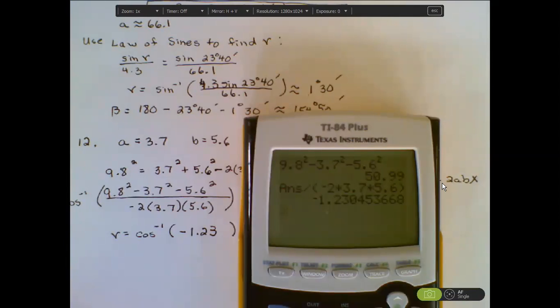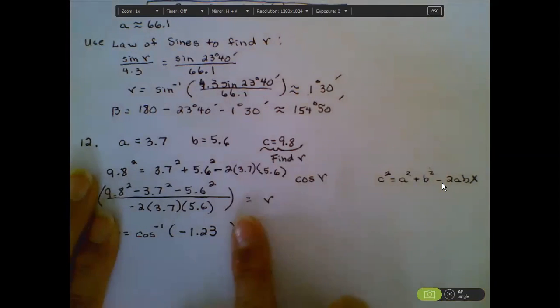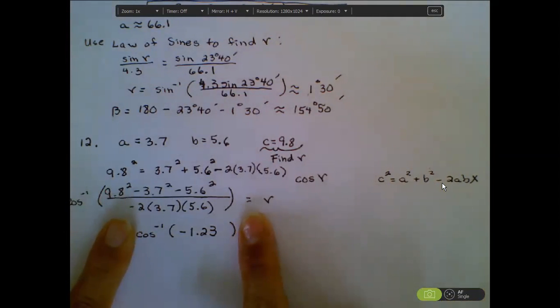Tell me anything you can think of that you know about the angle whose cosine is -1.23. What if that in itself was a problem on the test? What if I just said, evaluate inverse cosine of -1.23? What would the answer be?